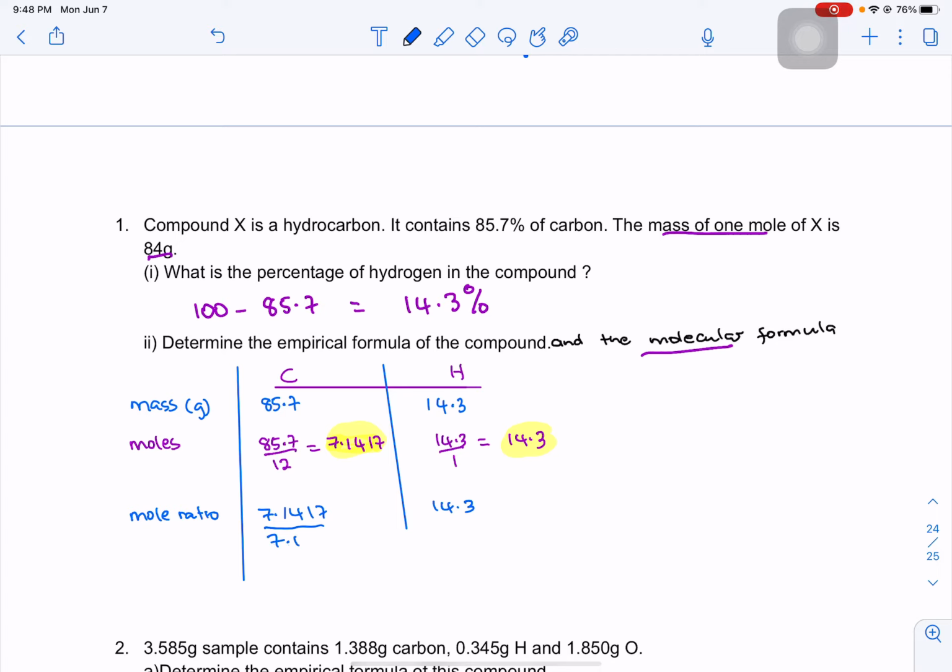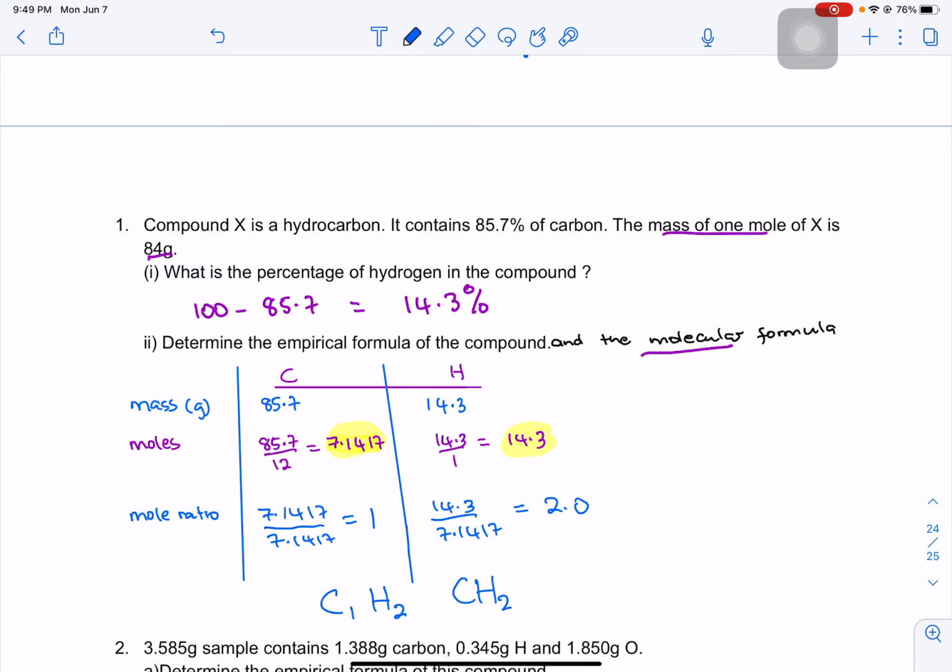So 7.1417 divided by 7.1417 gives us 1, because the number by itself is 1, and this one gives us 2.0. Okay, that means our formula is C1H2, or simply CH2. This is our simplest formula.